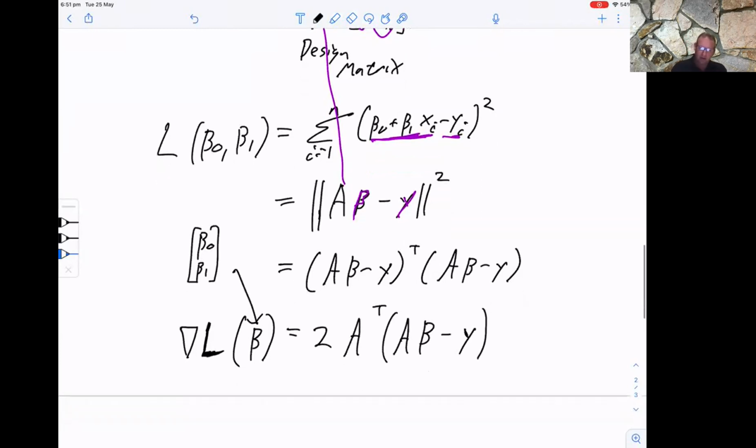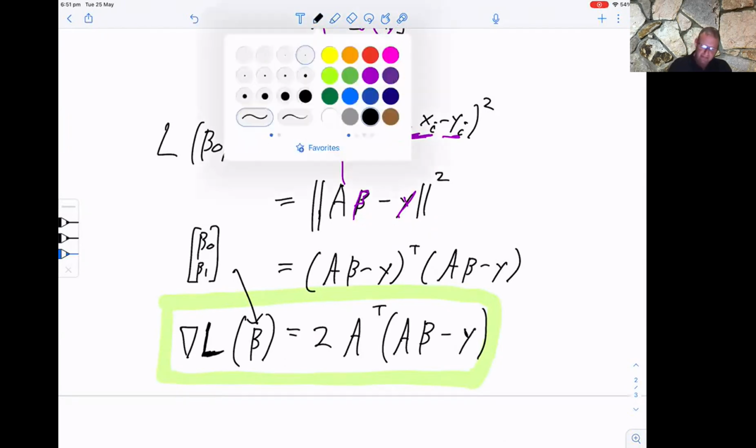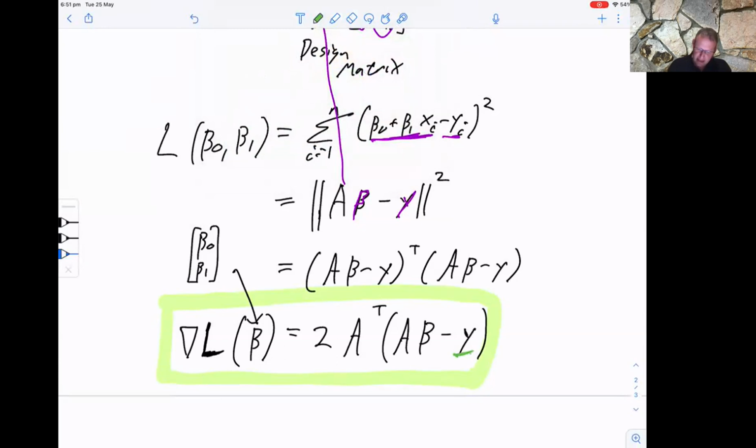So this is something you would need to calculate offline and see. The matrix A transpose, you know what that is. The matrix A, you know what that is. y is the vector y. And the matrix A has the x's in it, so this thing has both the x's and the y.